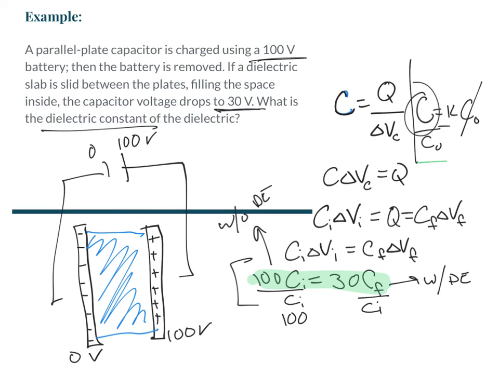So you get 100 equals 30 times CF over CI, which is the dielectric constant. Divide by 30 on each side. And we get that the dielectric constant is 100 over 30. So 10/3. And the dielectric constant has no units because you're dividing a capacitance by a capacitance.